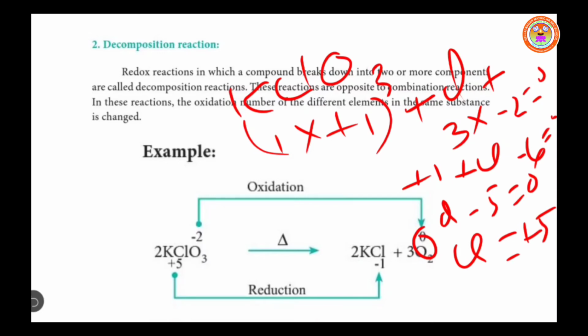So KClO3 to KCl is the reduction reaction. Then the -2 oxidation state of oxygen in KClO3 changes to 0 in the O2 molecule. So KClO3 to oxygen is the oxidation reaction. Understand, children?